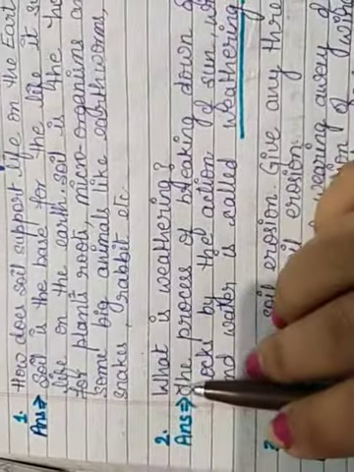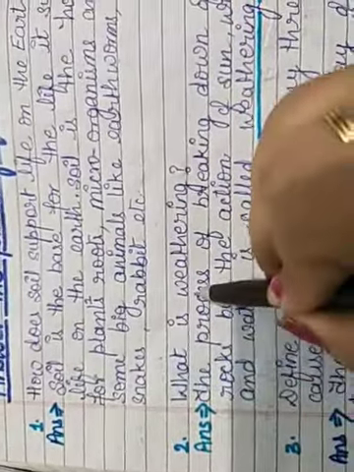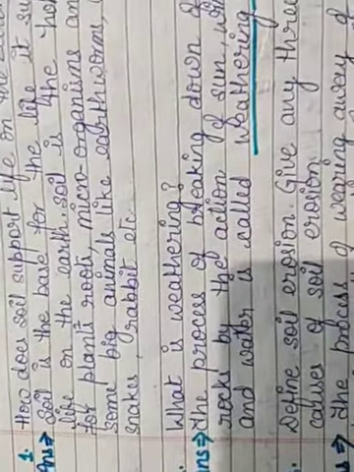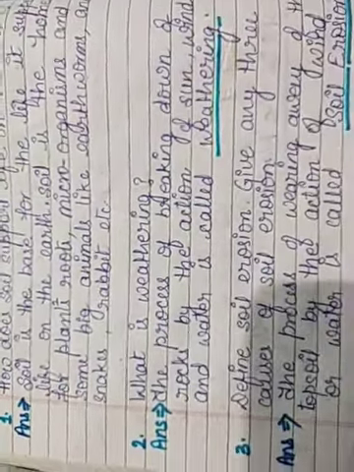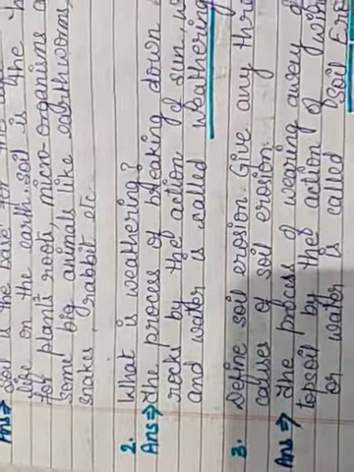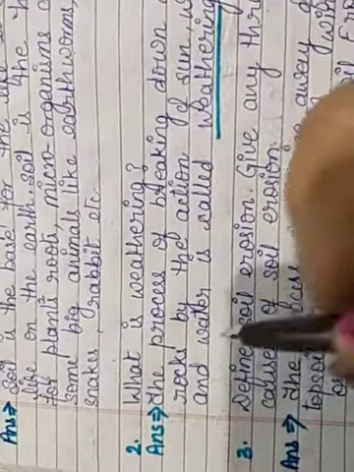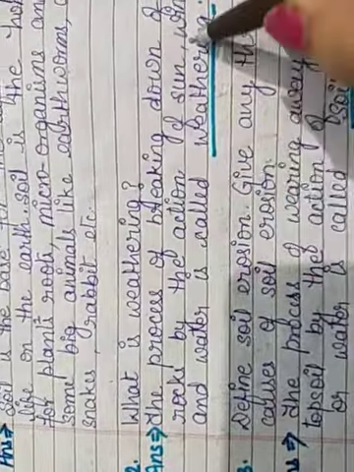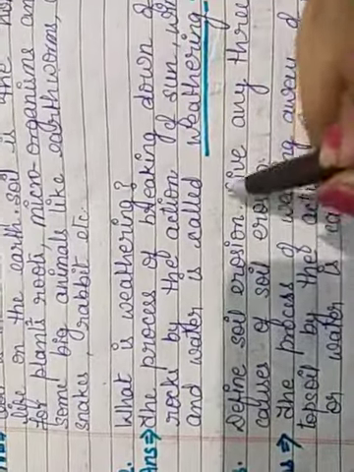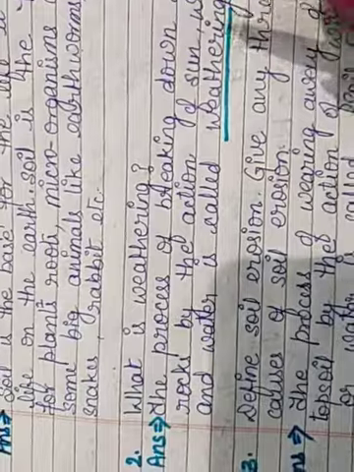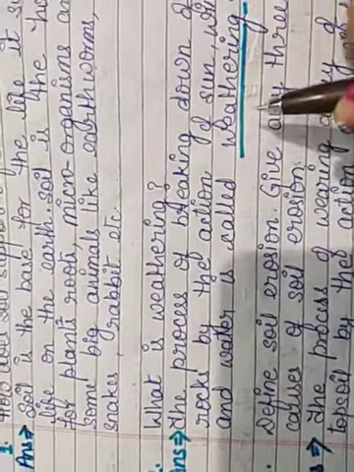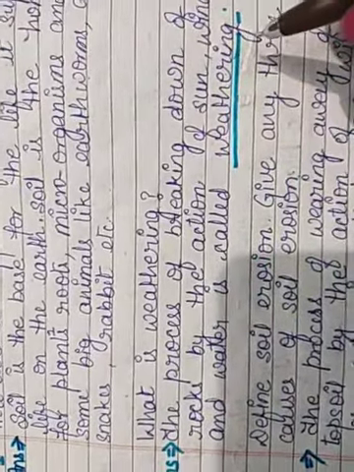Now the next question, number 2. What is weathering? The definition of weathering is the process of breaking down of rocks by the action of sun, wind, and water. In the starting of this chapter, we have discussed the weathering process.